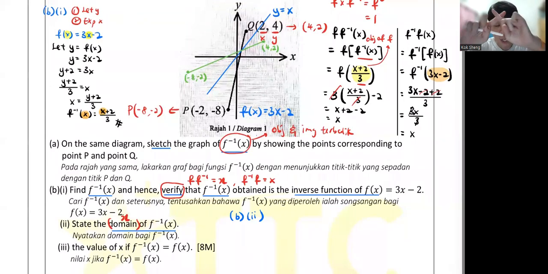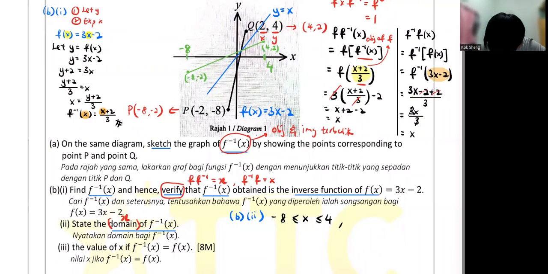For the x, the object of the green color, you can see from the smallest, which is negative 8, all the way to the biggest, 4. Yeah, that's the domain. From negative 8 to 4. The arrow facing left.